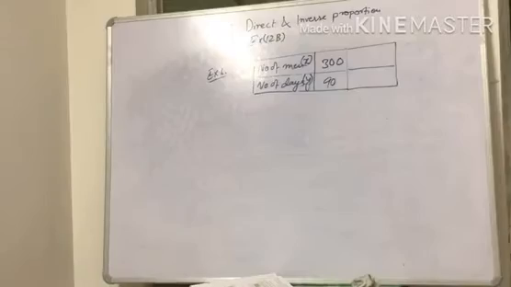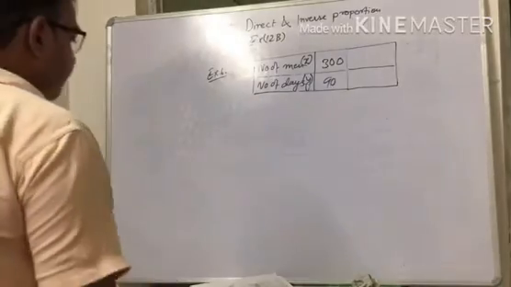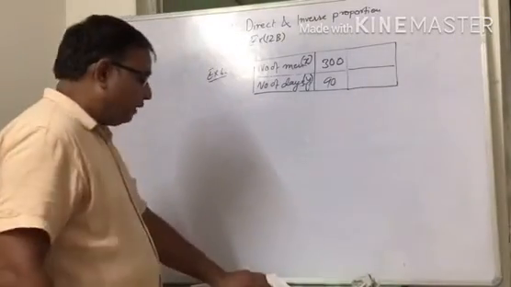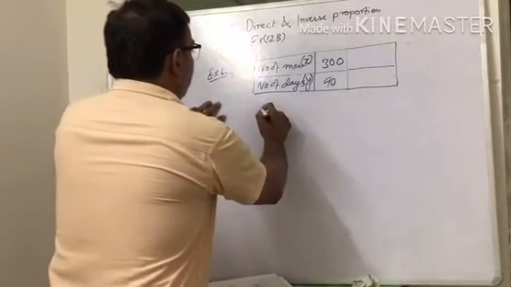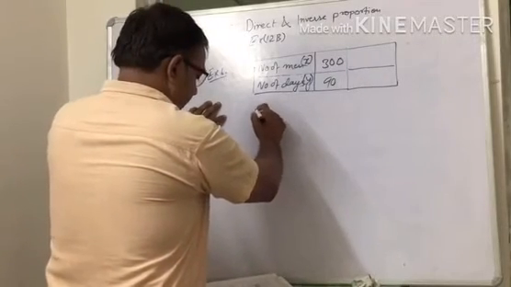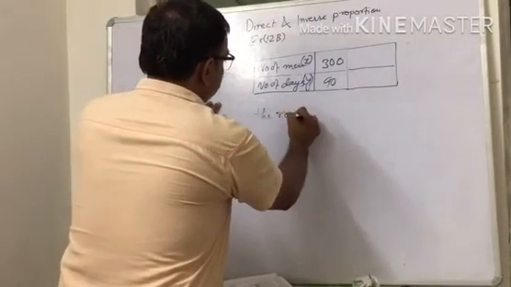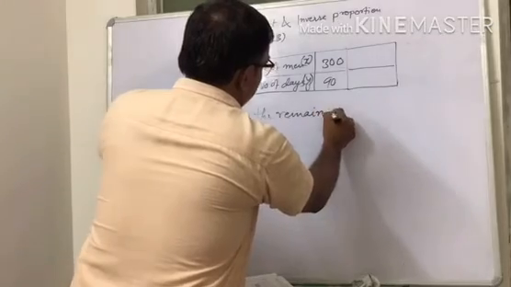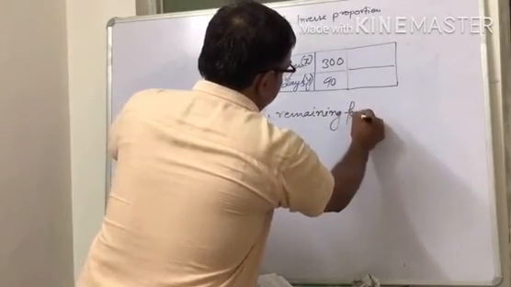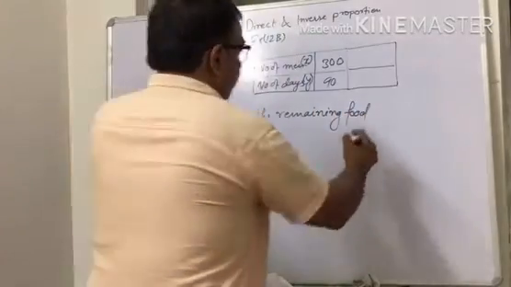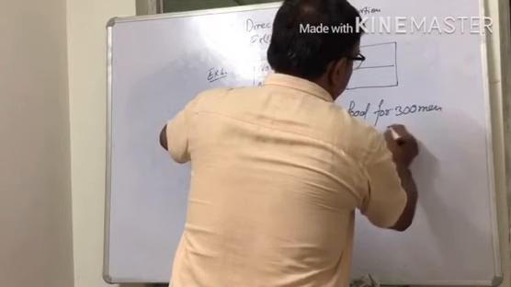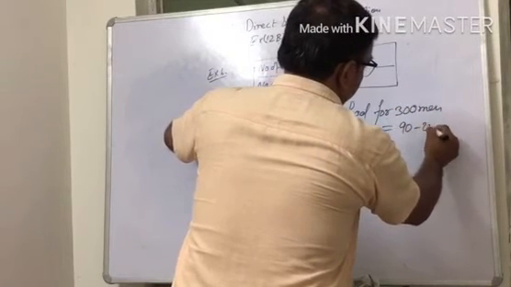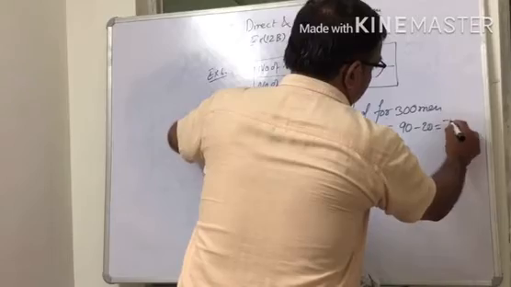So now everyone see, after 20 days, 50 men left the fort. So the remaining food for 300 men is equal to 90 minus 20, which is equal to 70.